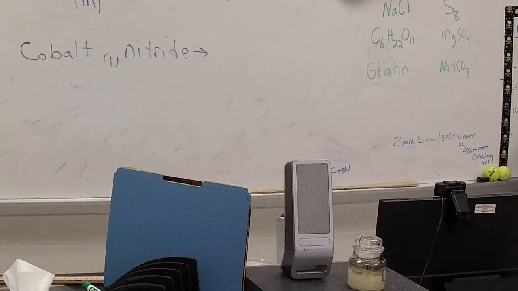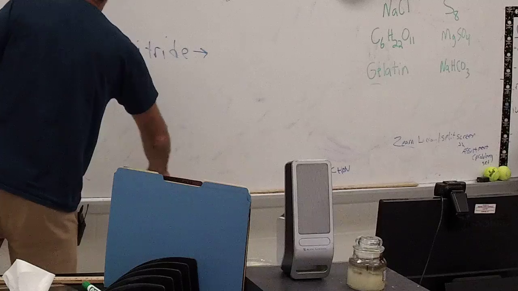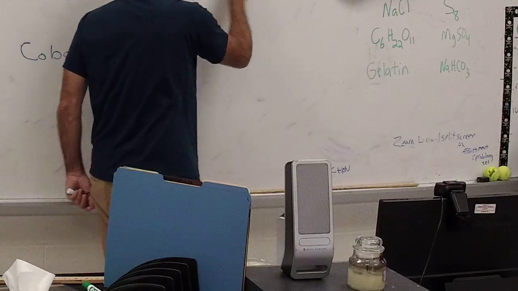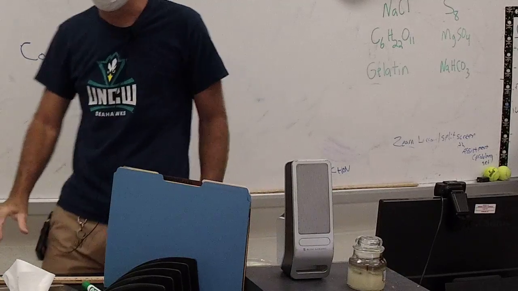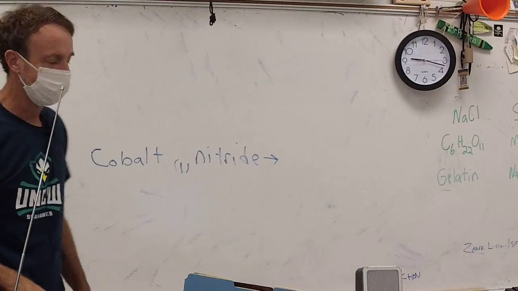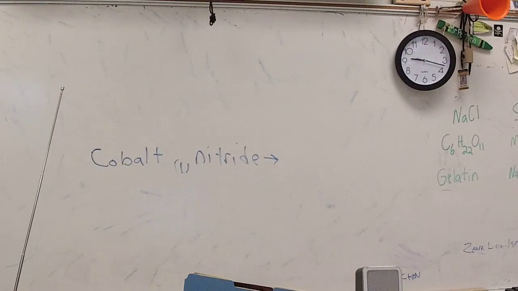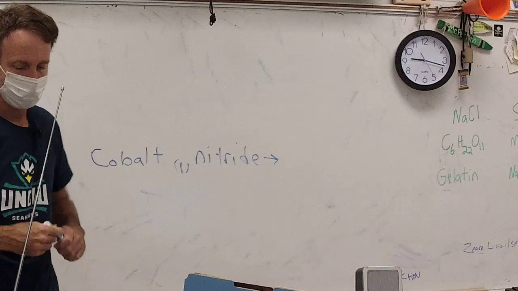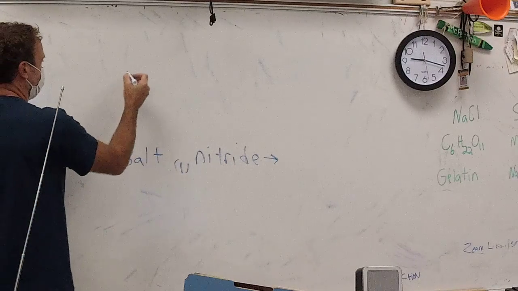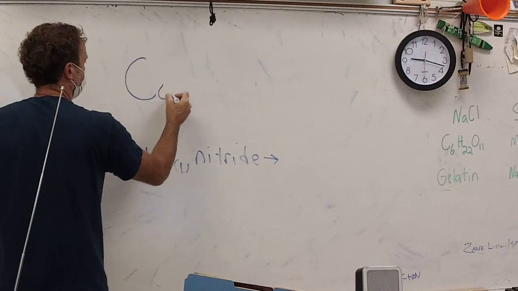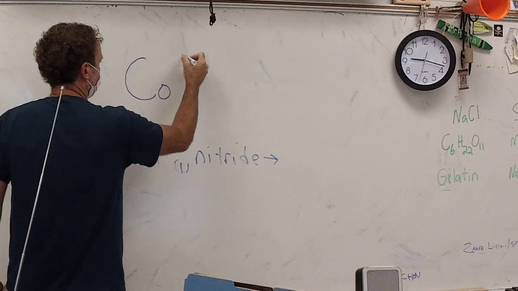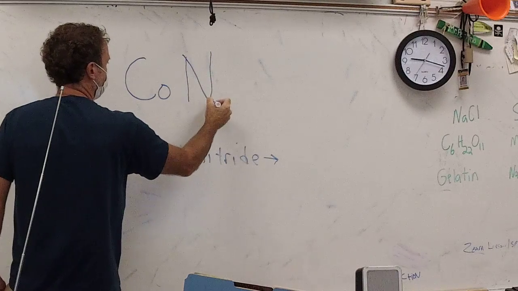The next one says cobalt(I) nitride. I'll give you a second on that. All right. There's a symbol for cobalt. There's the symbol for nitrogen or nitride.